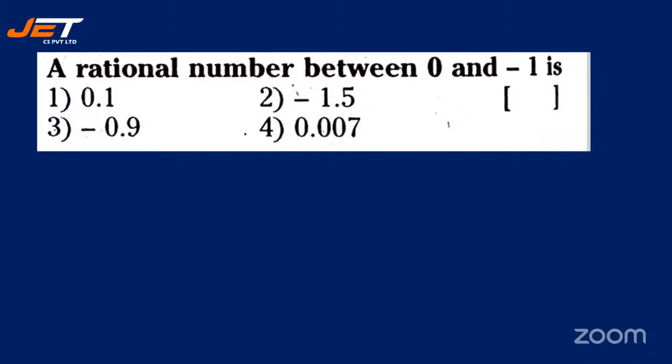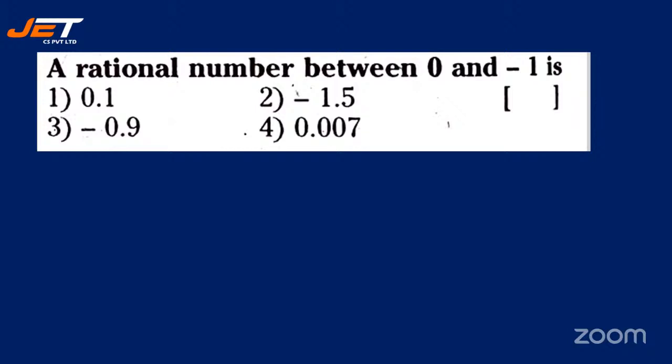A rational number between 0 and -1 is dash. Is it 0.1? Is it minus 1.5? Or is it minus 0.9?